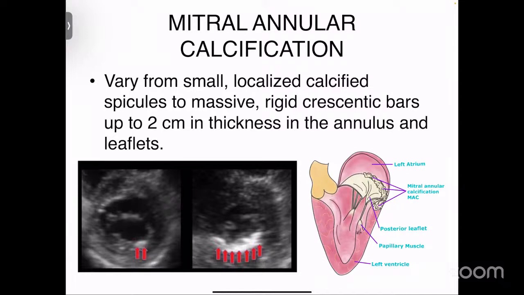In the left image, you can appreciate a very small localized calcified annulus, compared to the right image, where calcification can progress to massive, rigid, and concentric bars up to 2 centimeters in thickness, involving the annulus and later on the mitral leaflets.